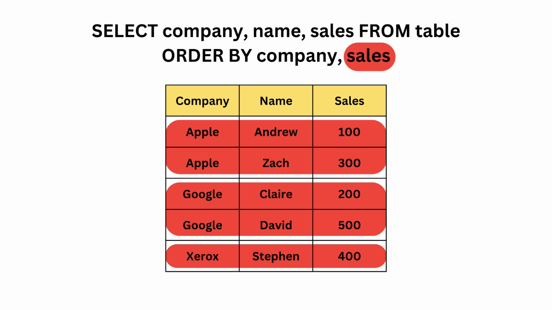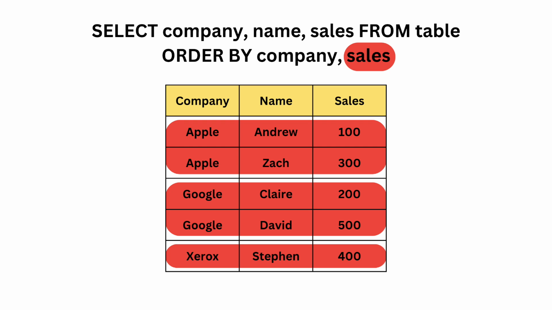So note the sales now is in an ascending order for each individual within the same company. So we see Andrew with 100, and then Zach with 300. And then for Google, we see Claire with 200, and then David with 500. So if you have duplicate values in a particular column, and you want to sort not just by that particular column, but another column as well, it makes sense to do an order by with multiple columns.